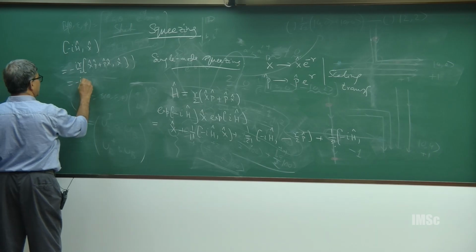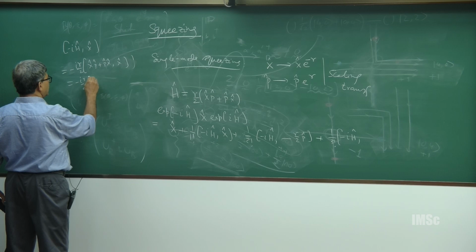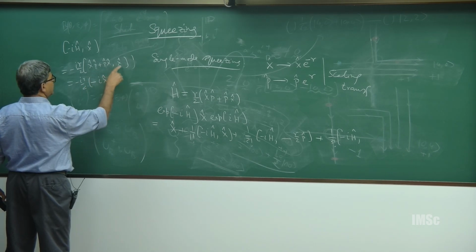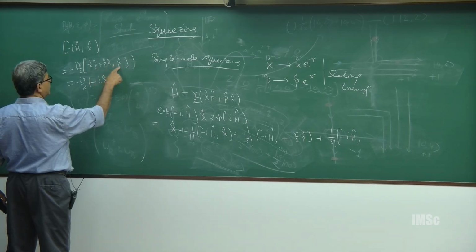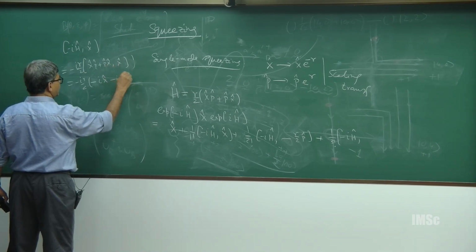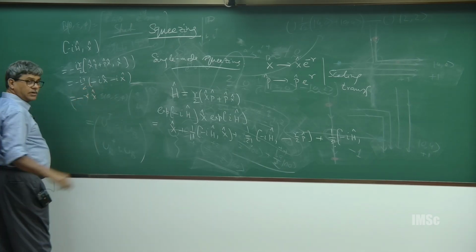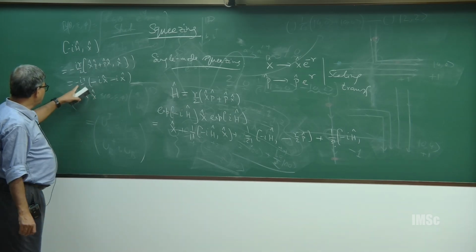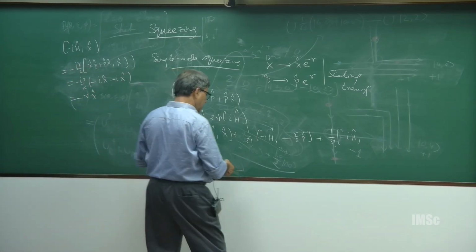So this is minus i r by 2, this is minus i x, and this one is also the same. So this will be minus r x. Sorry for this.